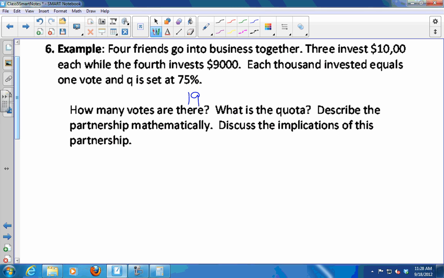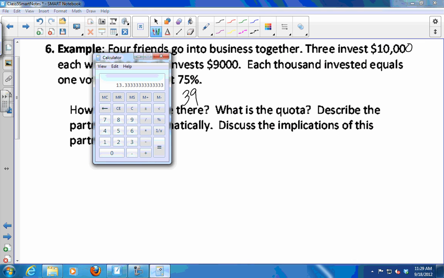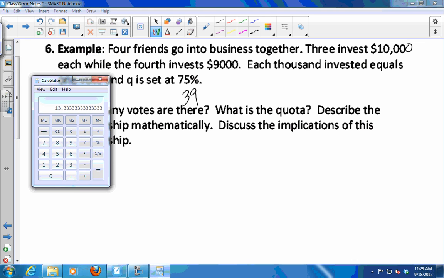Oh, yes, you're right. 3 invest 10,000. 1 invests 9,000. So that's 39 votes. So what's my quota? 75% is the quota, so that's 75% of the total votes.